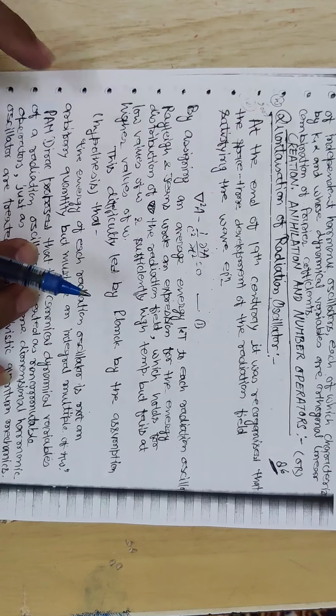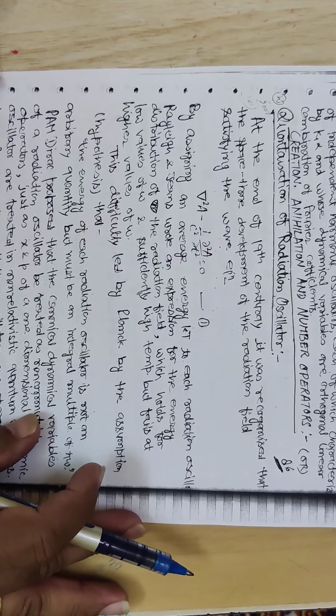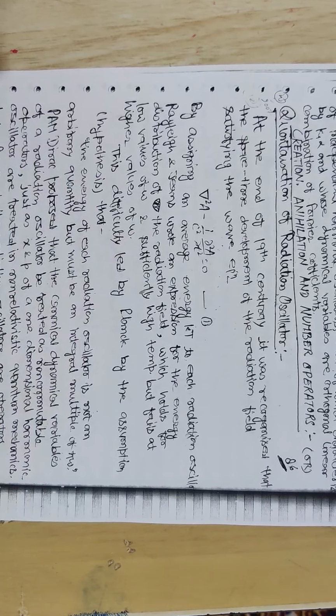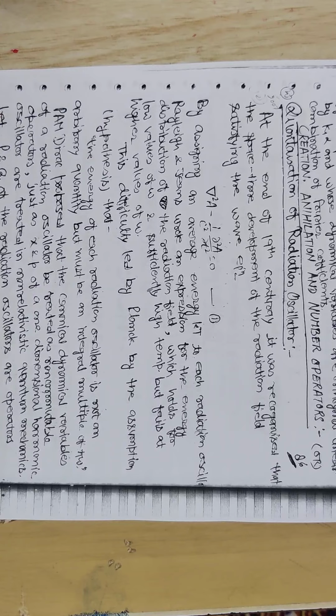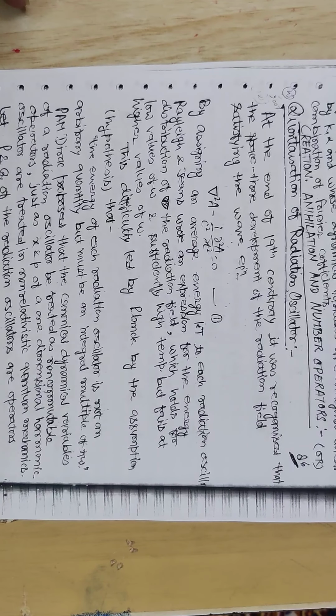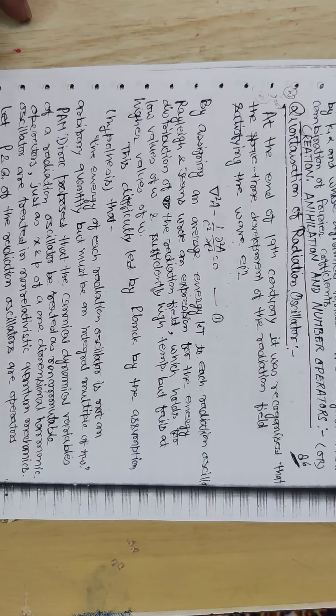Now by assigning an average energy kT to each radiation oscillator, Rayleigh and Jeans wrote an expression for the energy distribution of the radiation field, which holds for low values of omega and sufficiently high temperature but fails at higher values of omega.